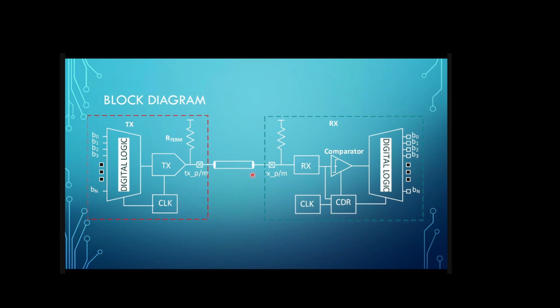In this case, it could be a PCB trace. It could be a wire. It could be optical interconnects. It could be a wireless interconnect. But in this specific case, we're talking about the wire inside the PCB that connects one chip to another chip, just for easy understanding.